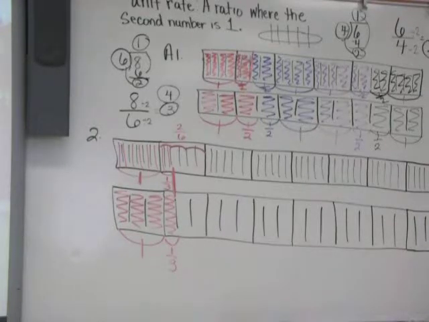B did not ask for 2 ways, but we're going to do 2 ways on your one tape diagram. It never hurts to look at something more than one way, even if it asks you for one way.